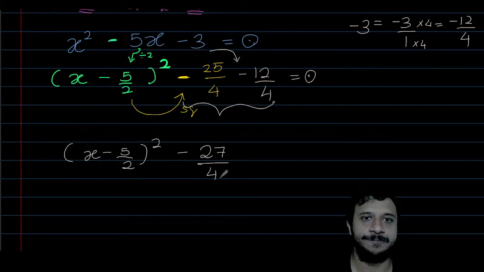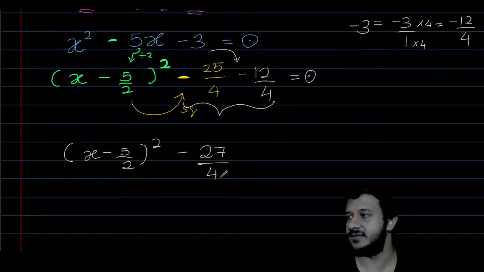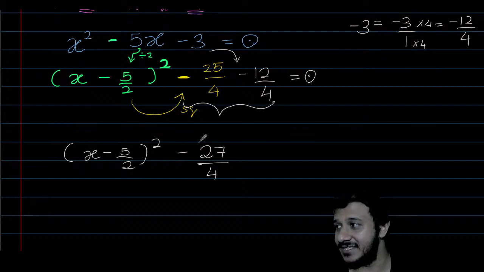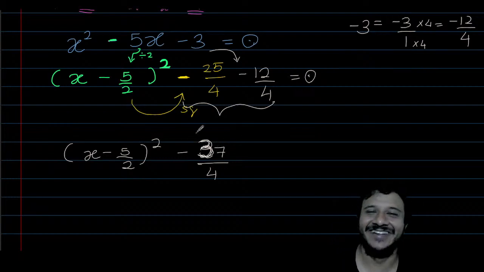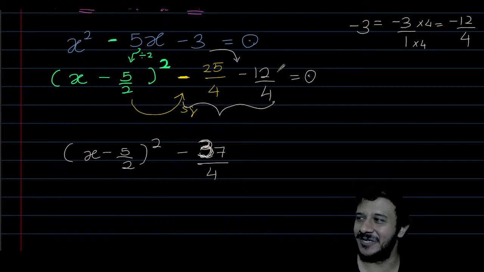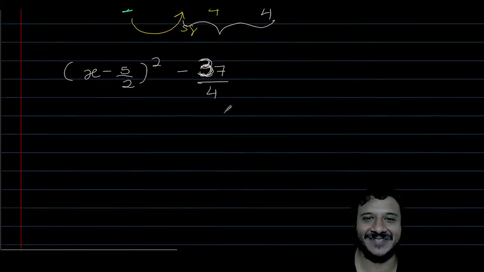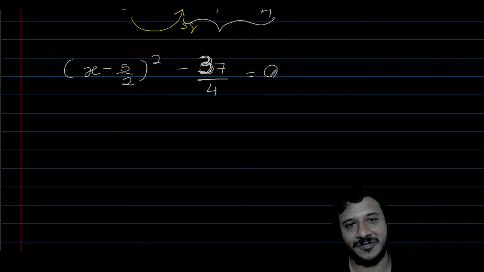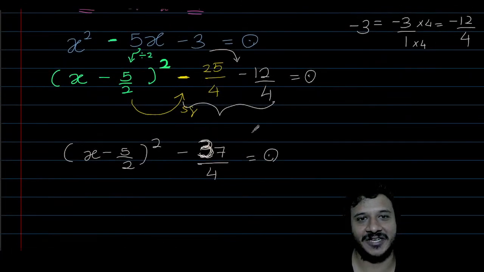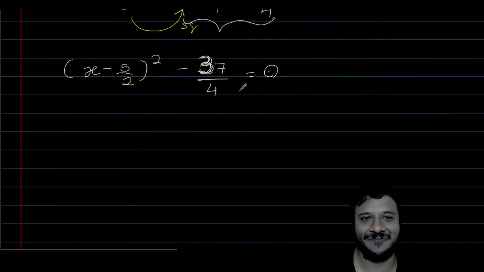All good till there? Oh, I mean 37. My mistake. Almost I was going to get it wrong. Negative 25 and negative 12 is negative 37, isn't it? Not negative 27, it's negative 37. Then that's equal to 0. Don't forget that. We have to keep on writing equals 0 all the time.